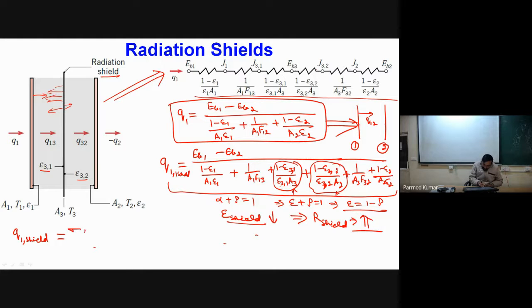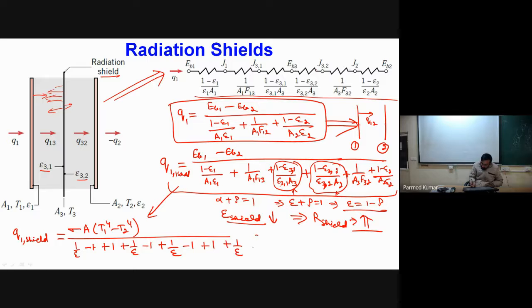So I'll be finding sigma A into T1 power 4 minus T2 power 4 from this particular equation, divided by 1 by epsilon minus 1 plus 1 plus 1 by epsilon minus 1 plus 1 by epsilon minus 1 plus 1 plus 1 by epsilon minus 1. Is it correct? Yes, sir.